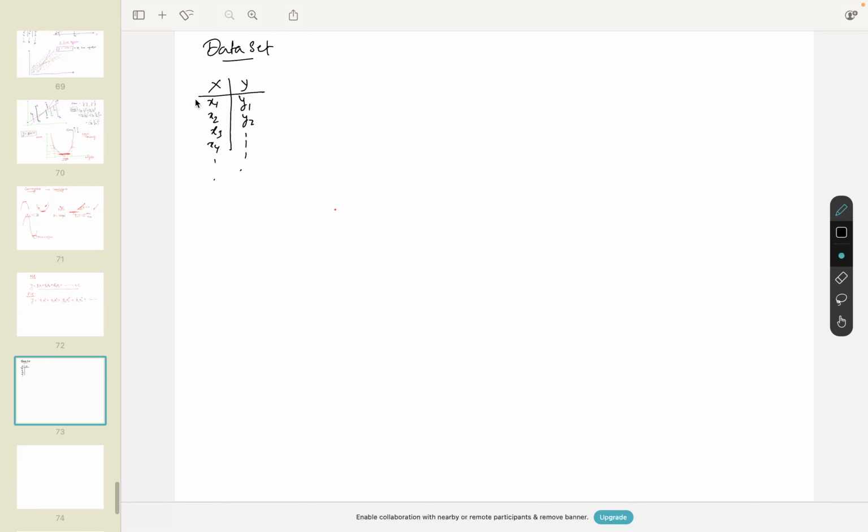This is the data set on which we want to train a machine learning algorithm so that whenever a new data point comes into the machine learning, it predicts the output with the highest accuracy.